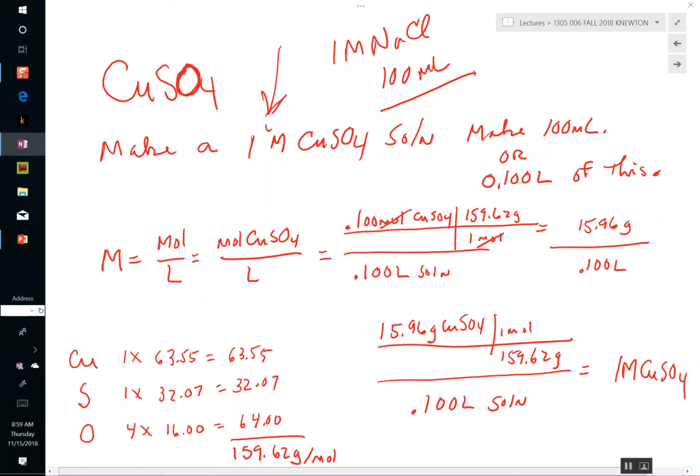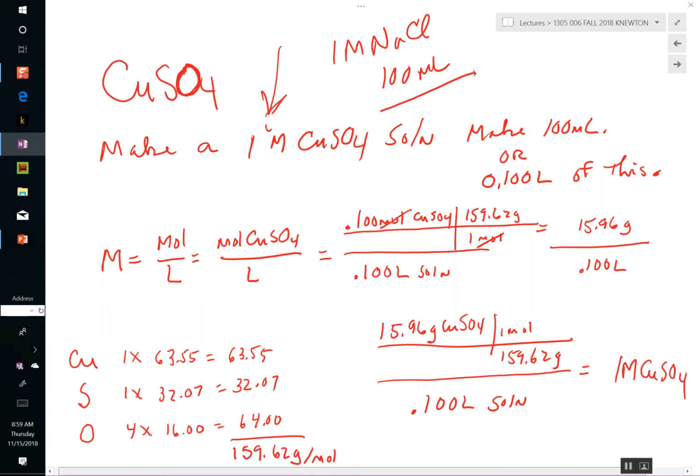This is half molar copper sulfate. So you can make them different concentrations just by, instead of putting 15.96 grams in here, there's only about 7.5 grams in here.